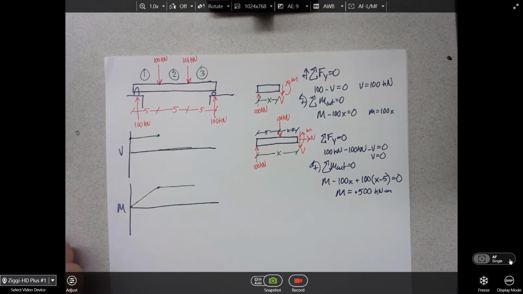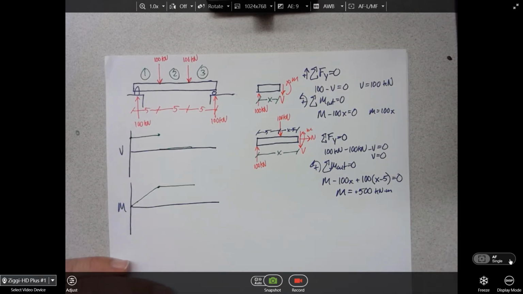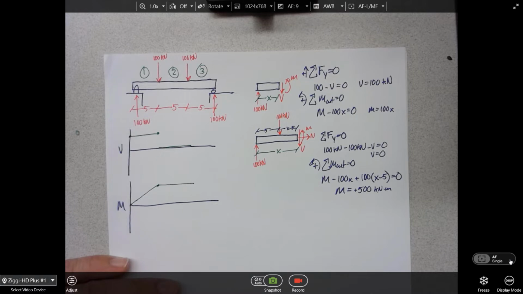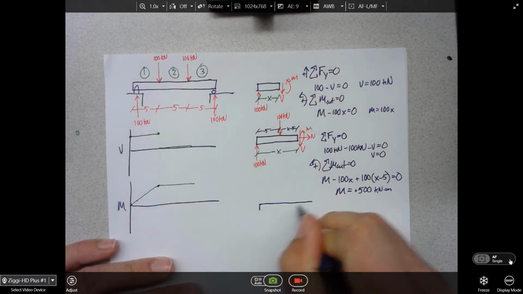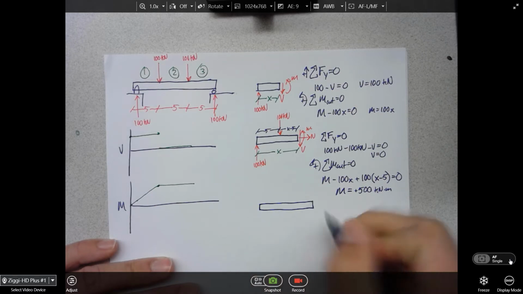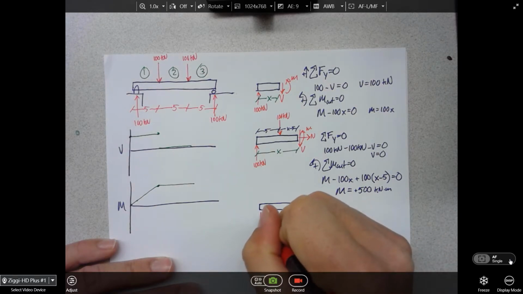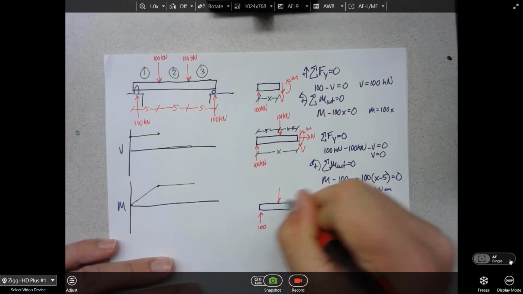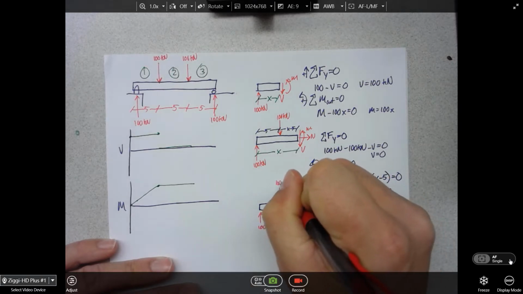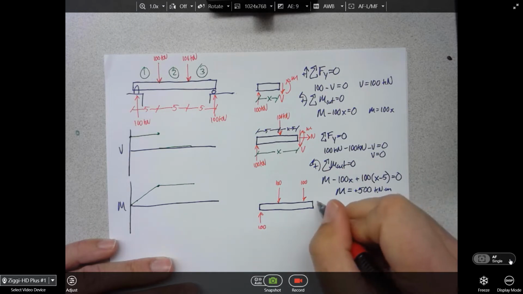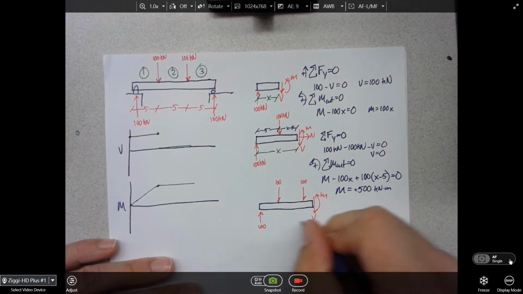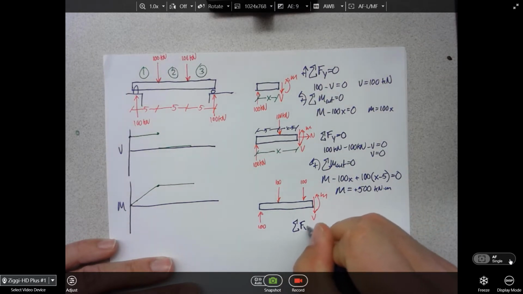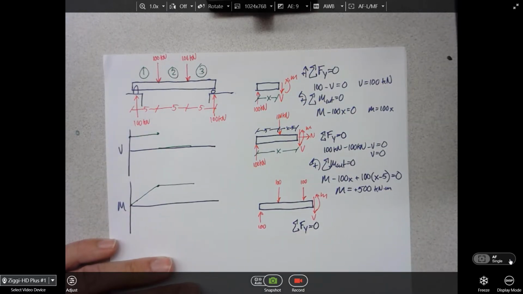Okay. So then the last region we need to do. Sum of the forces in the y equals 0.